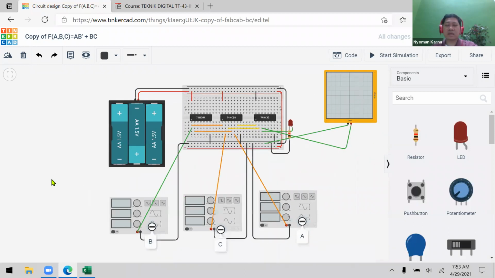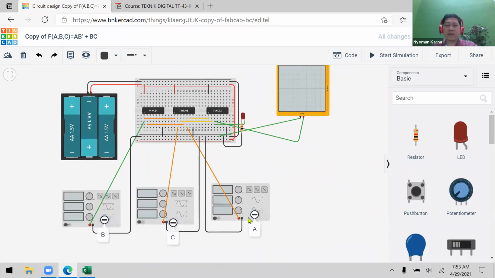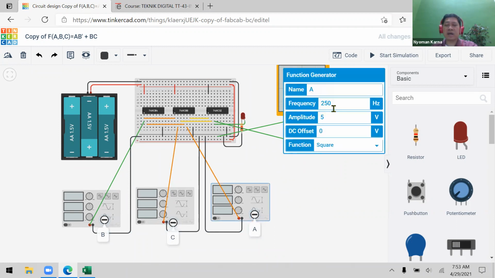And this is the function generator to create a signal for A, B, and also C. As we can see, A has 250 Hertz, B has 500 Hertz, and C has 100 Hertz.